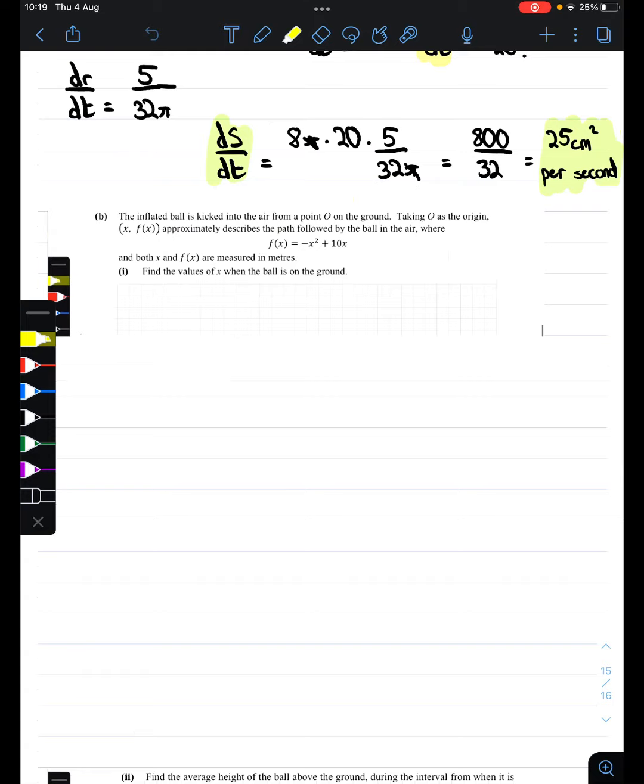The inflated ball is kicked into the air from a point O on the ground. Taking O as the origin, x, f of x approximately describes the path followed by the ball in the air, where f of x equals minus x squared plus 10x, and both x and f of x are measured in meters. Find the values of x when the ball is on the ground.